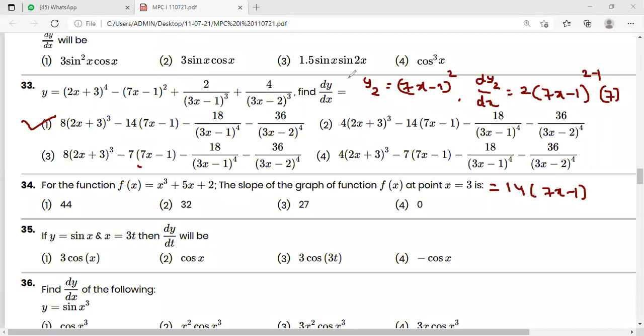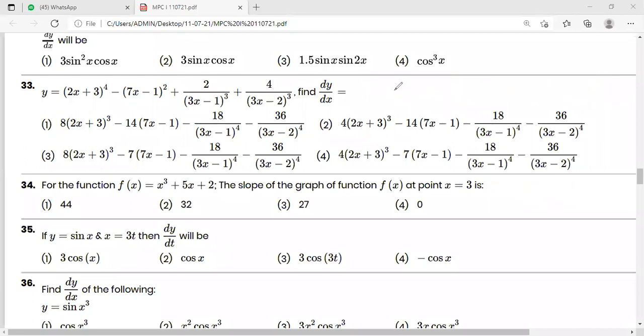I will explain them. What is the third function? y3 is equal to 2 into 2 by 3x minus 1 whole cube, given. You can write here 3x minus 1 whole power minus 3 if it comes to the numerator. Again, in a similar way, you do that. 2 into the derivative of this function: minus 3 into 3x minus 1 whole power minus 3 minus 1.